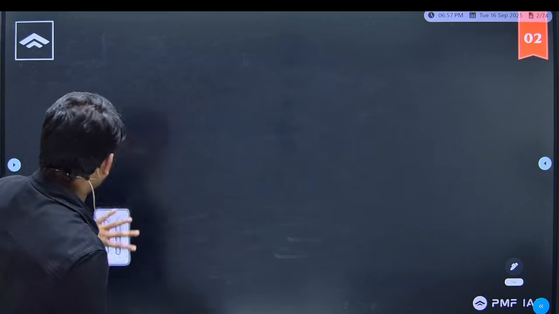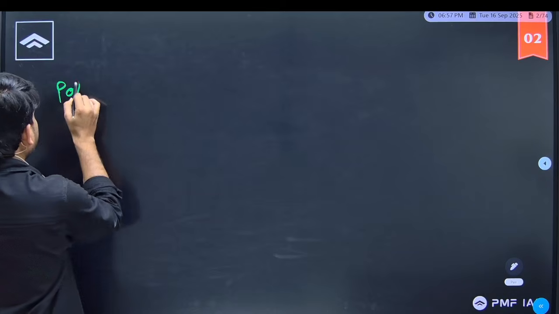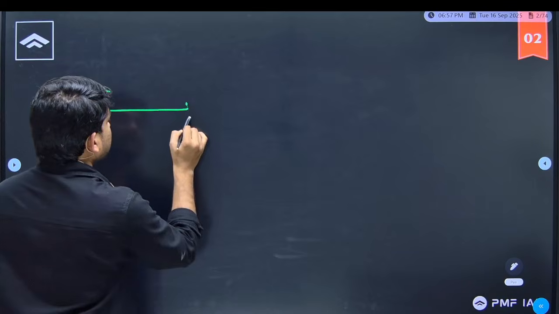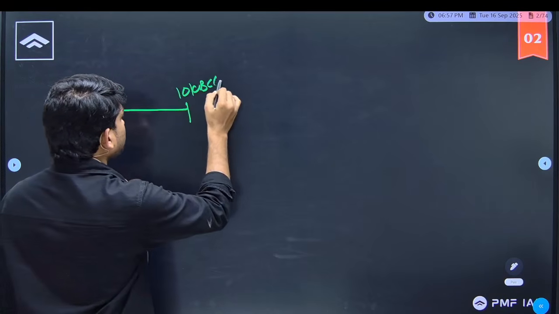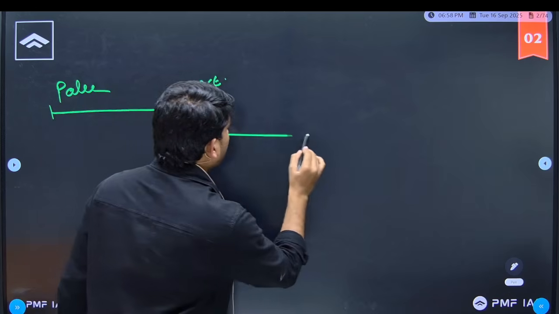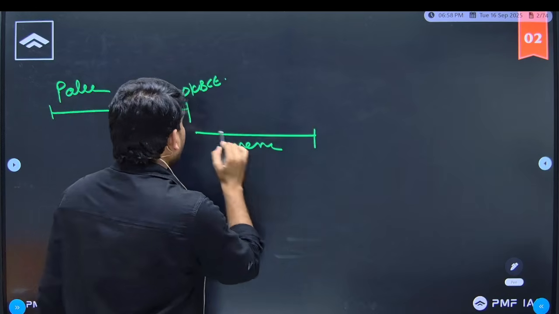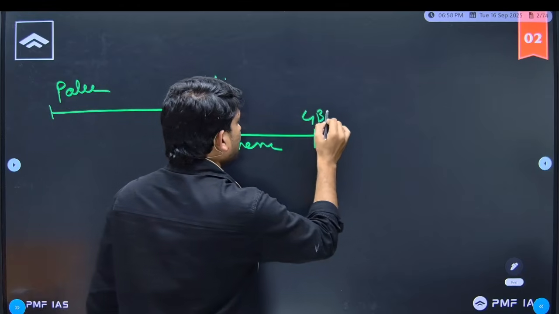So see, first we have the Paleolithic phase from 6 lakh to 10,000 BC. Then people started using microliths, and this is the Mesolithic phase from 10,000 to 4,000 BC.